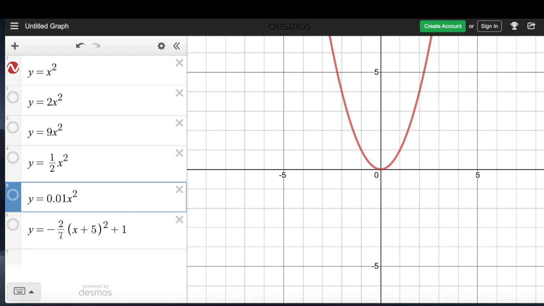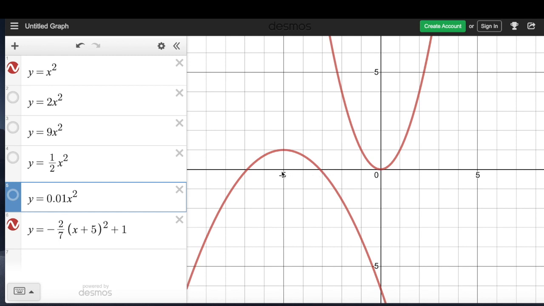And this 2/7, the fact that that is less than 1, if you focus on the absolute value of it, not the negative part, 2/7 is less than 1, that means it's going to be a wider parabola, or what we call a vertical compression. A wider one is a vertical compression. So check it out.